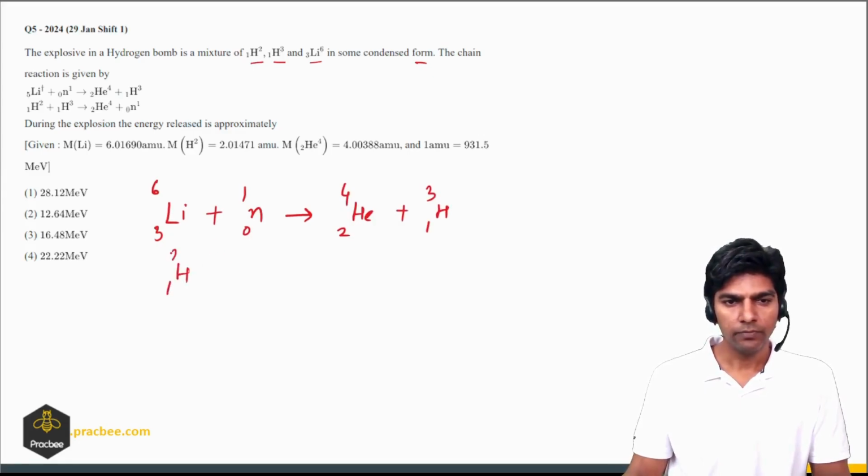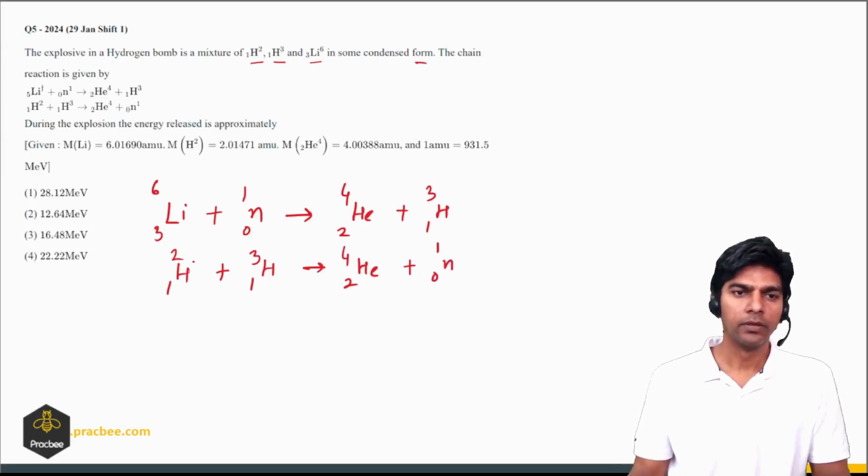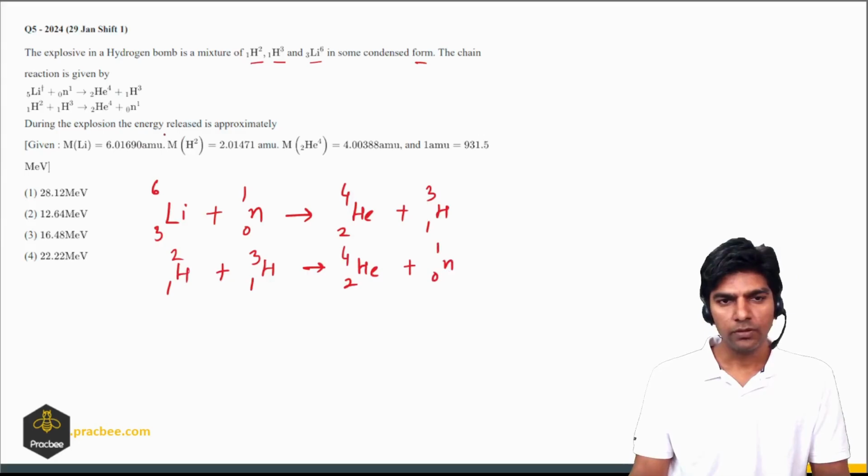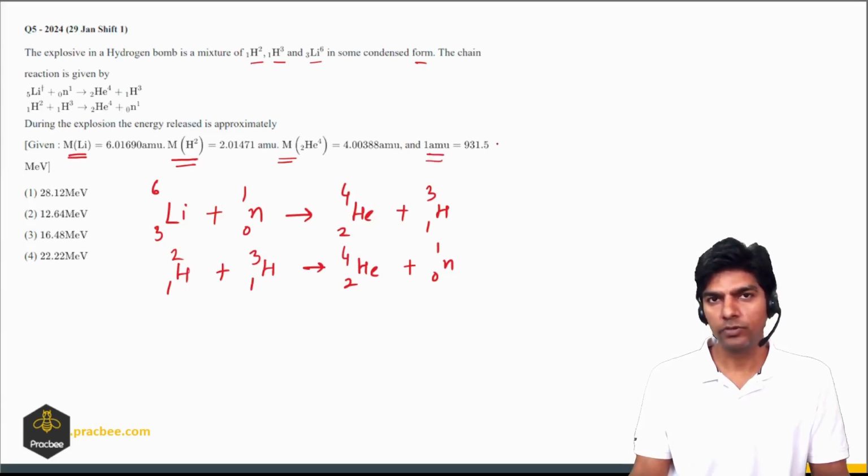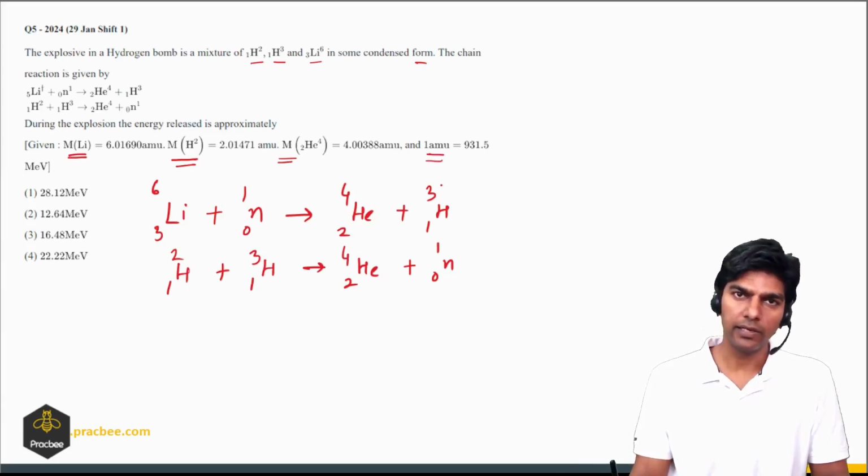Now we have deuterium, then tritium, then helium, then neutron. So we have to find the energy released in this nuclear reaction. We are given the mass of lithium nucleus, deuterium nucleus, helium nucleus, and one atomic mass unit, when converted into energy, gives 931.5 mega electron volt.